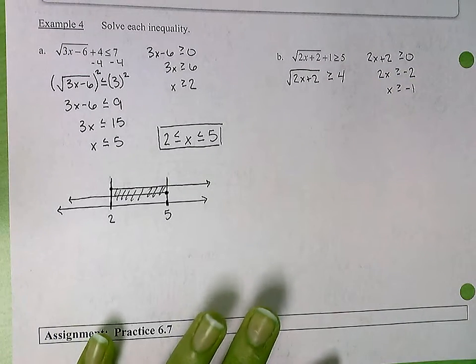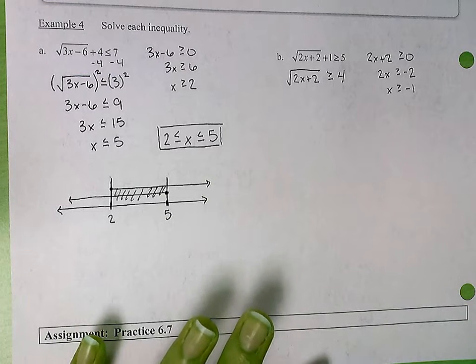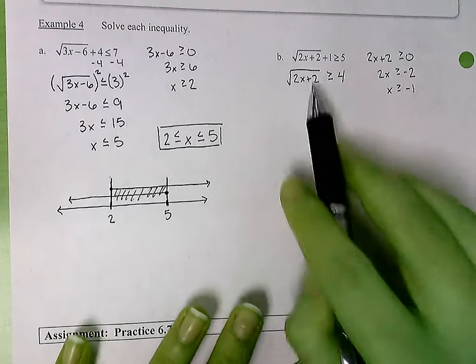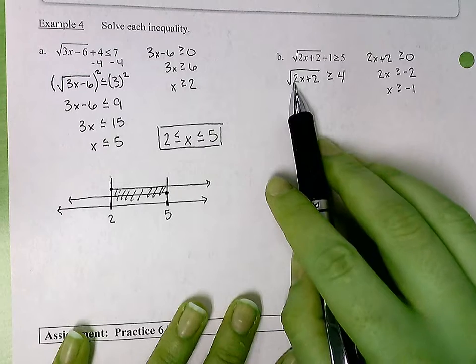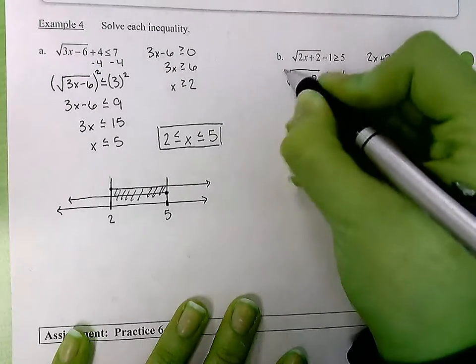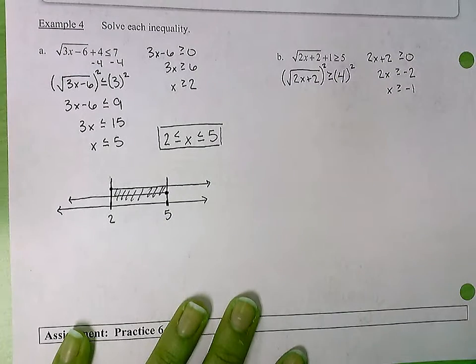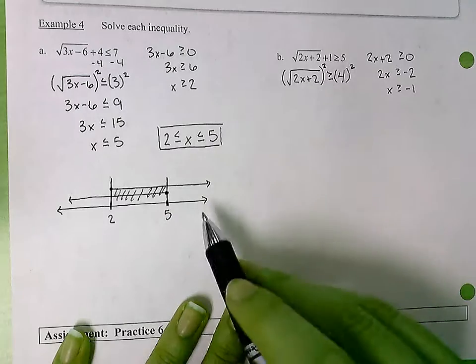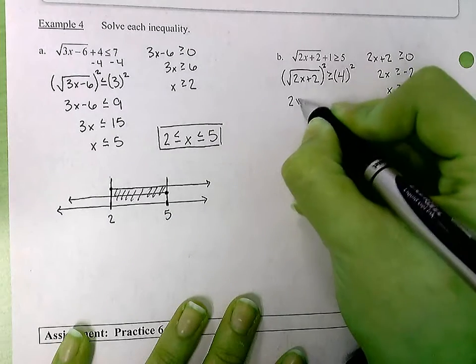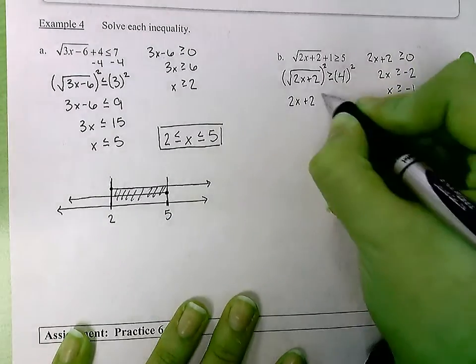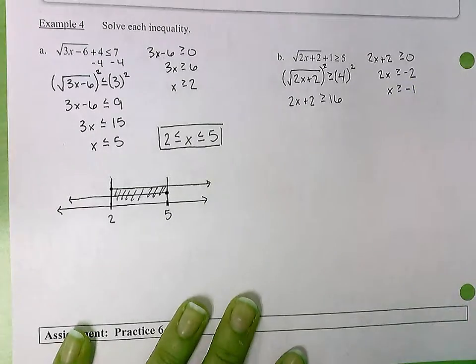So I have the square root of 2x plus 2 greater than or equal to 4. To cancel out the radical, we raise it to the power of 2 on both sides. That cancels out that radical, so we are left with 2x plus 2 is greater than or equal to 16.